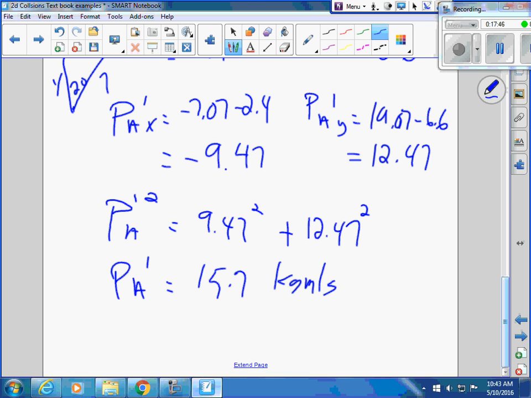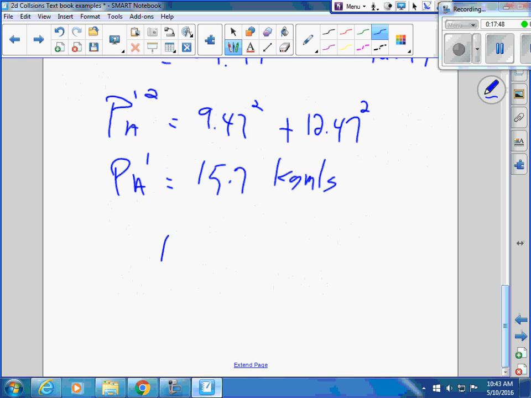So now we go back to mass of A was 3. So it's 15.7 divided by 3. 5.22 meters per second.